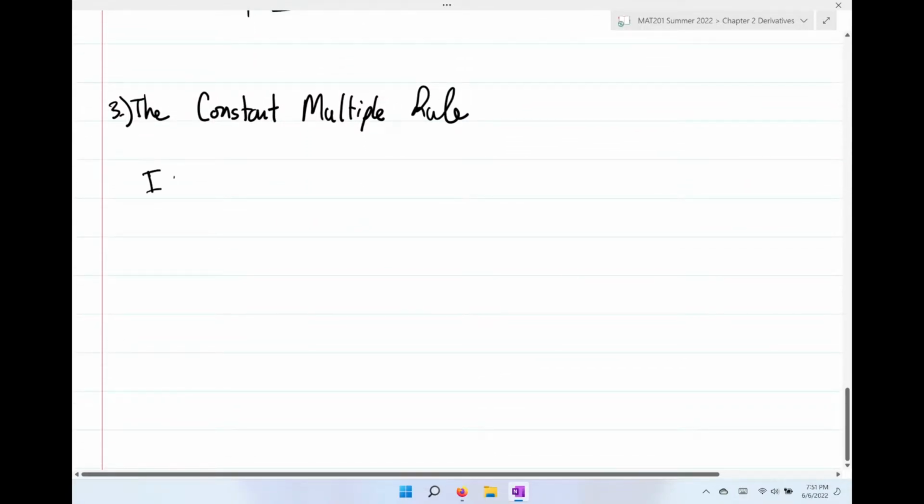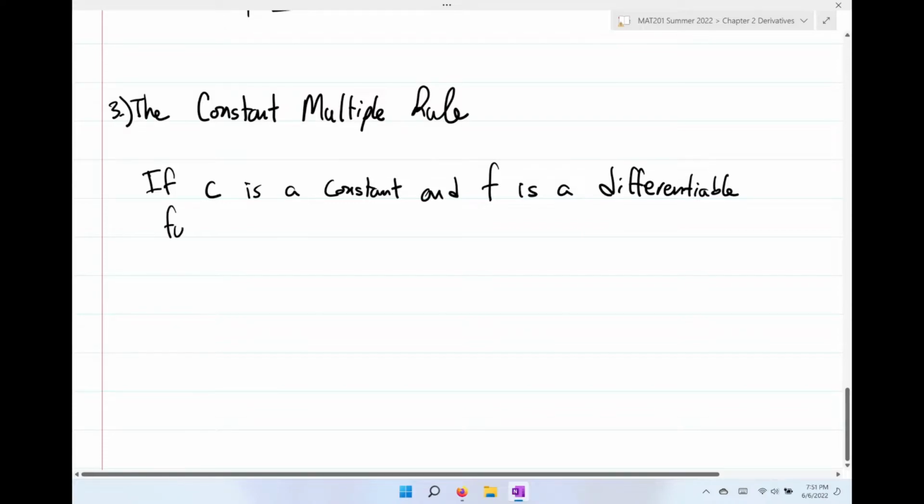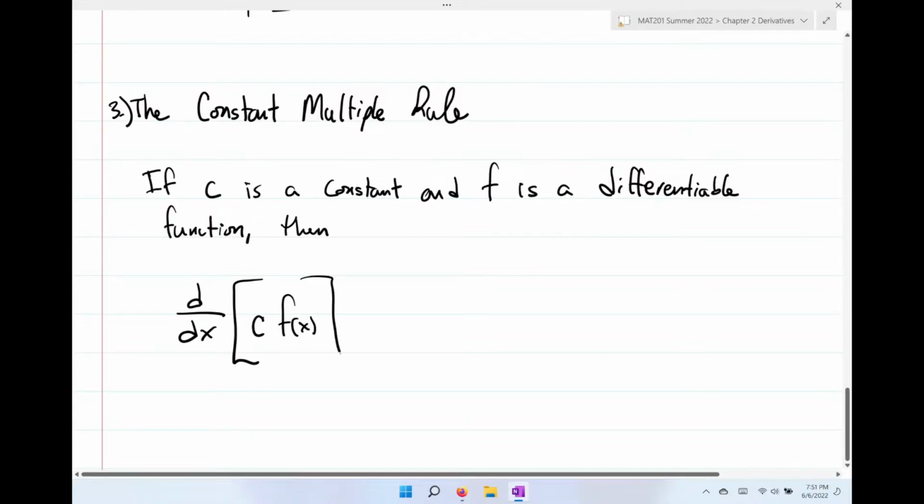So, if c is a constant, and f is a differentiable function, then what you are allowed to do is this. If you're taking the derivative of a constant multiplied by some function of x, you can take that constant, pull it out front of the derivative, find the derivative of the function, and then multiply the constant by everything.